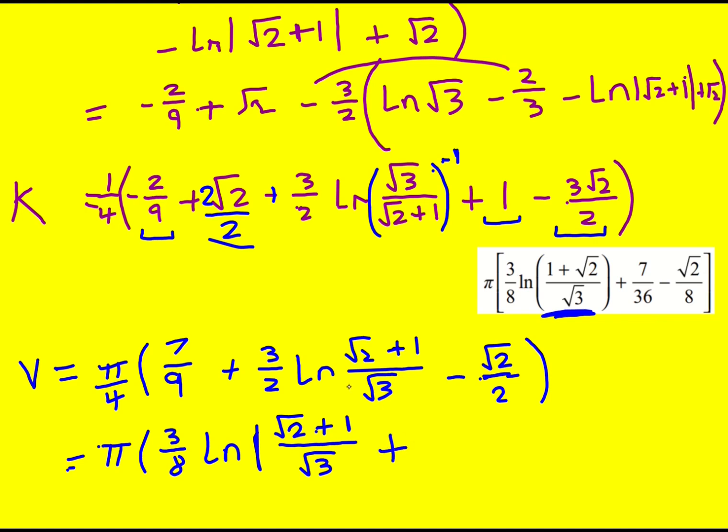Then I times 7 over 9 by a quarter, which gives me 7 over 36, hooray. And I times root 2 over 2 by a quarter, which gives me minus root 2 over 8.